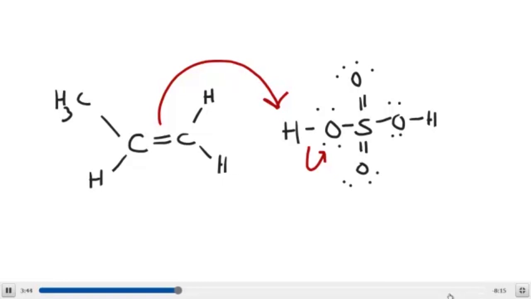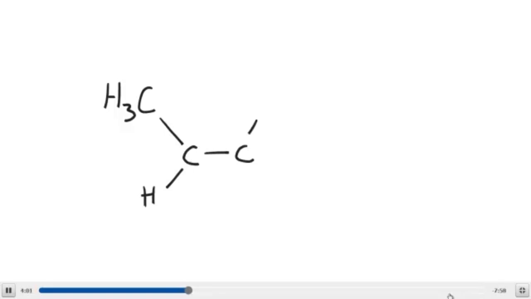Again, that has to do with induction and hyperconjugation, which we've talked about previously. Once you have added that proton, you have a carbocation intermediate, which in this case is secondary.